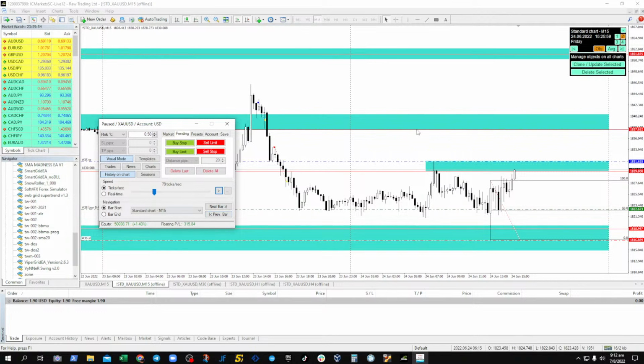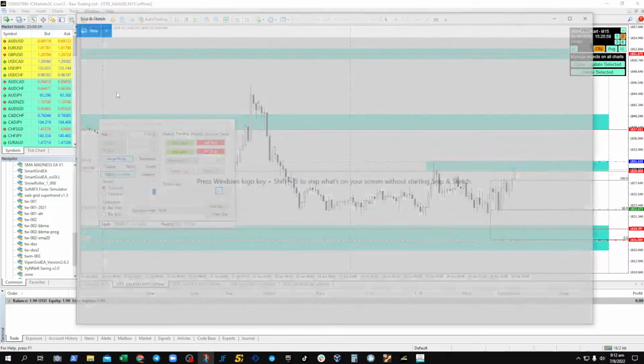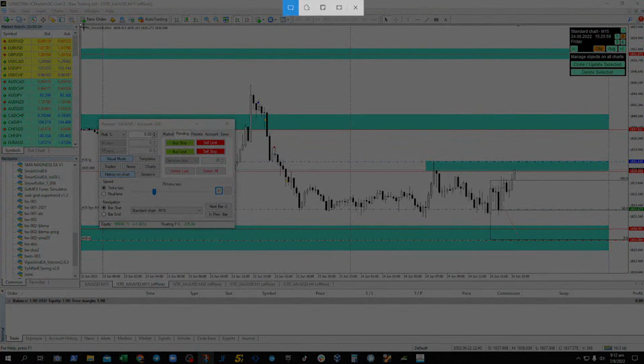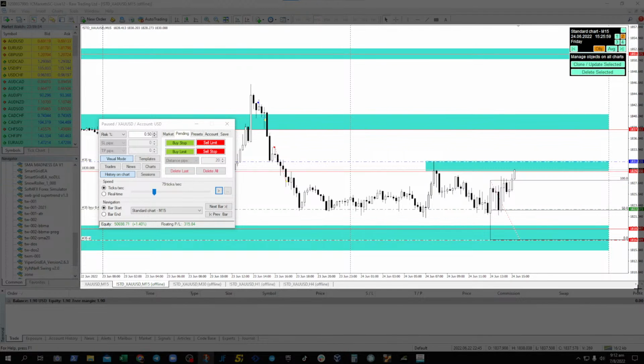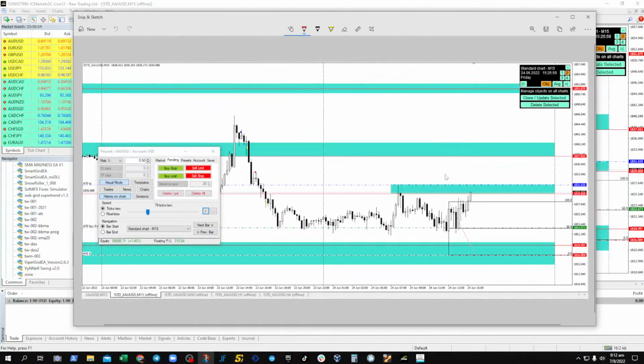I don't want to take that risk, and I'm just going to journal this trade before that. This is the TP.